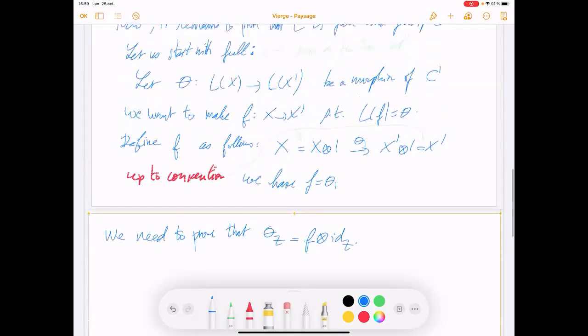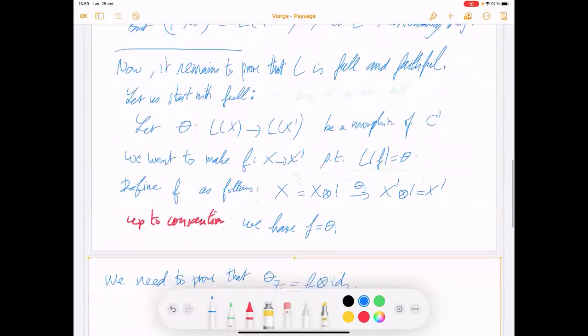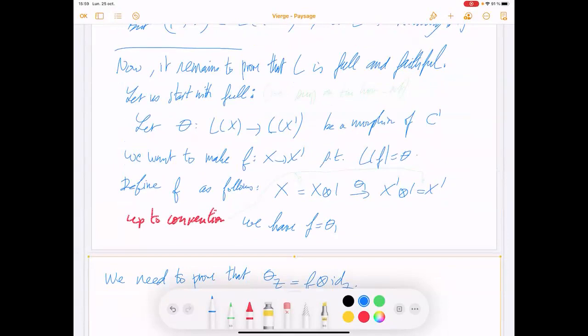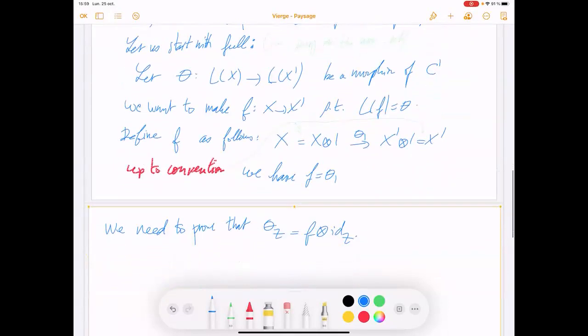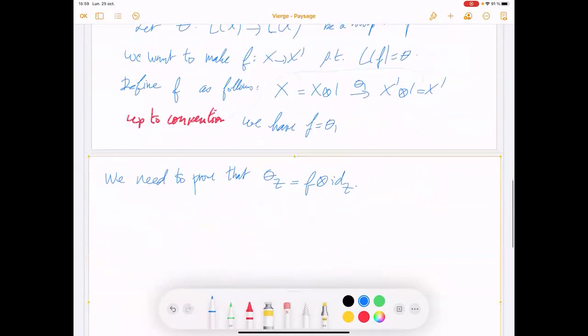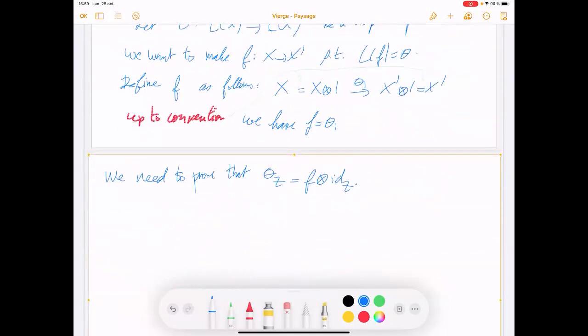So we made F from theta 1 up to convention, and then we can come back to theta. In fact, this is just F tensor identity.